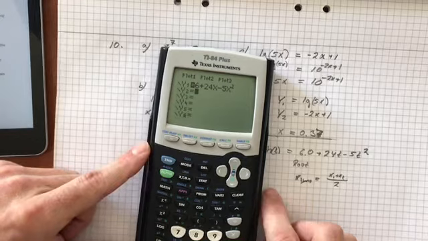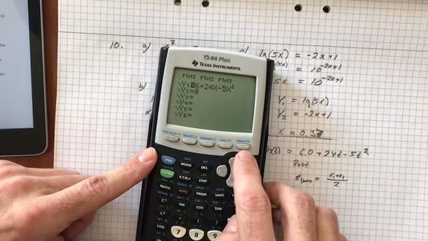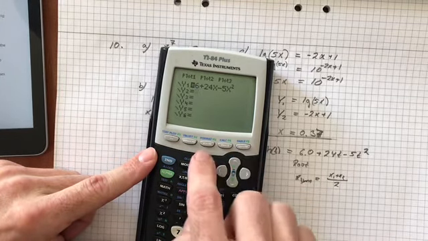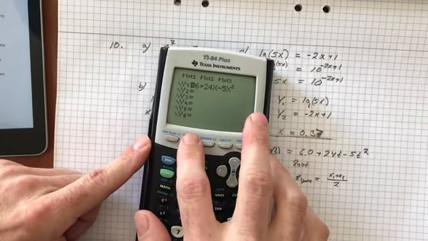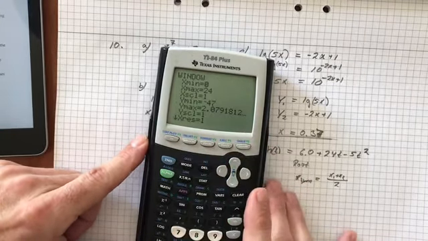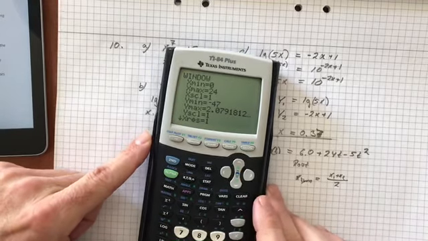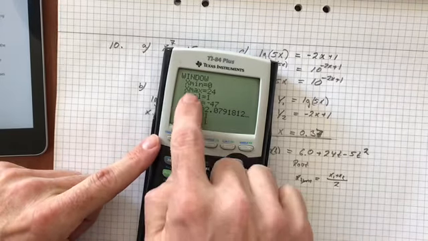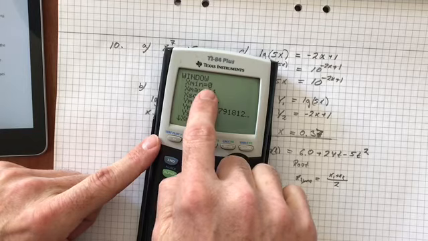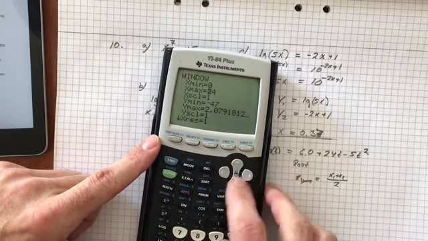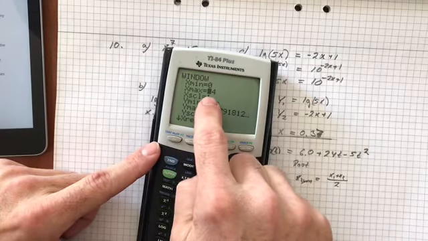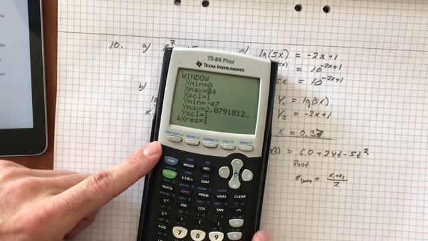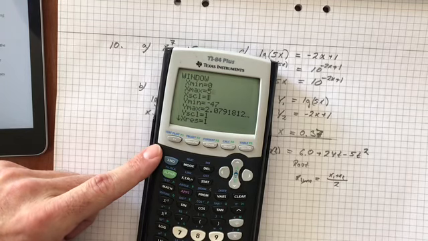And then I have to choose a better window now, and this is a very hard exercise for me. So no negative times, x is the time, so I start with 0. Now, how long can a stone be in the air? Well, not for 24 seconds, so I choose 5 seconds.